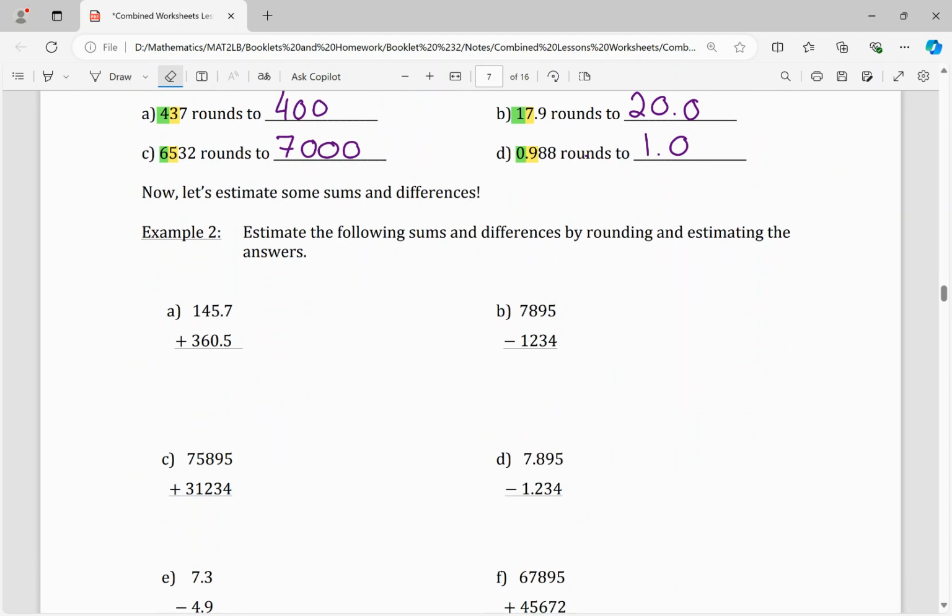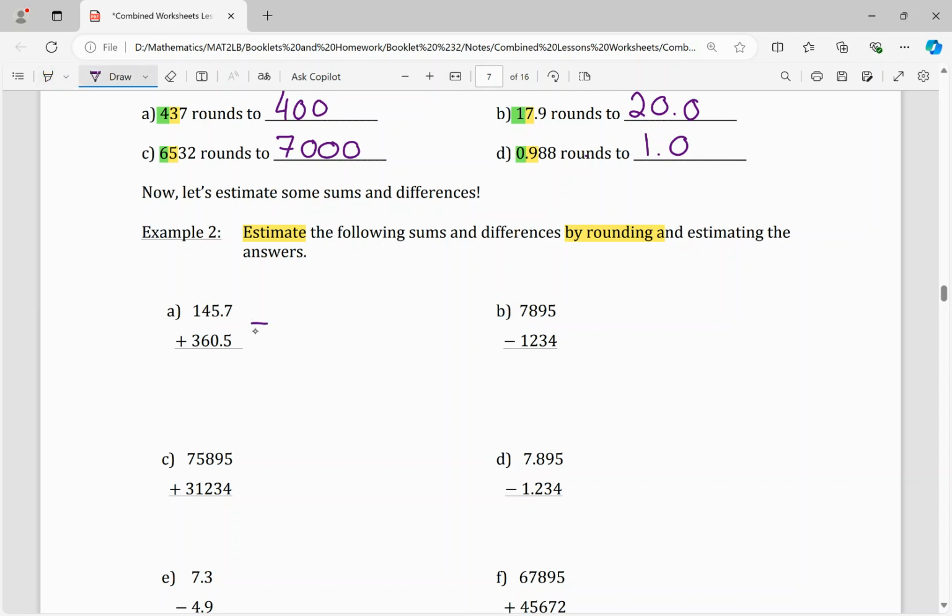I've already taught you in lesson 0 how to subtract, or we're adding, how to add 145.7 to 360.5. Now, in this lesson, please read carefully because I'm asking you to estimate the following sums and differences by rounding first.